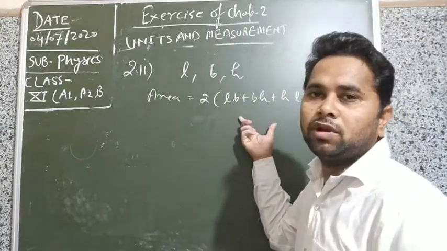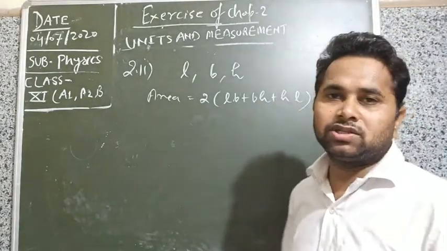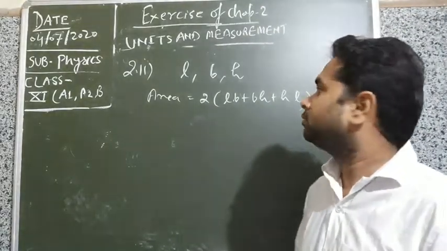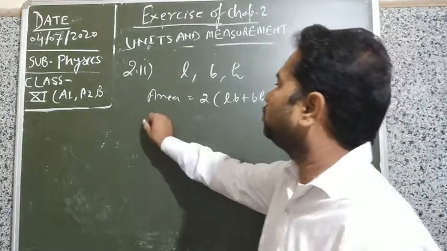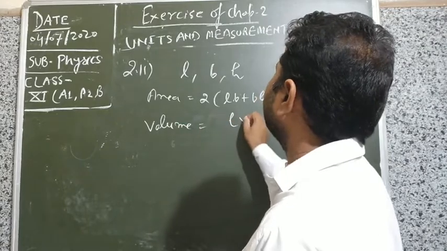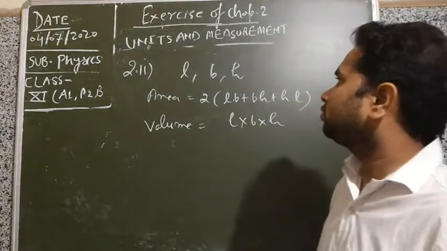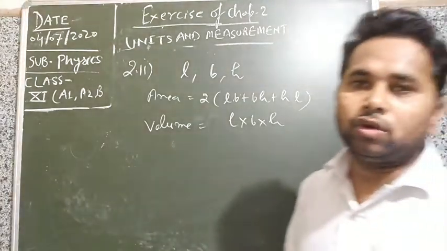By using this formula you can get the area of the metal sheet, and for volume you can use L into B into H. With these two, you will calculate the area and volume.